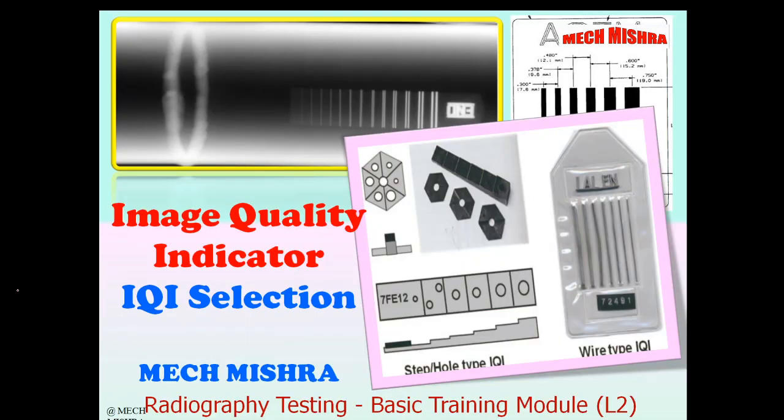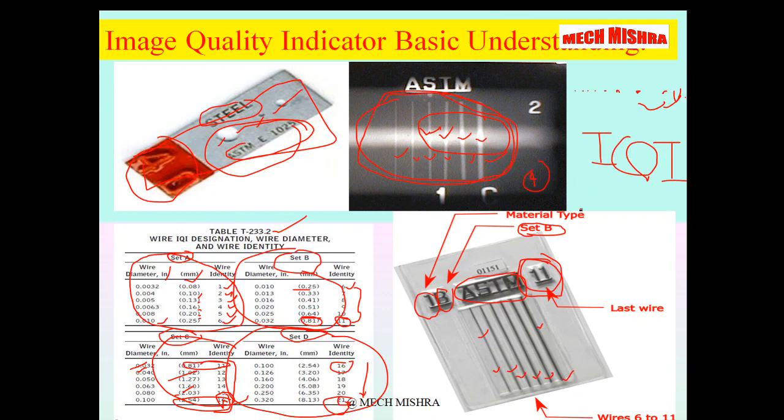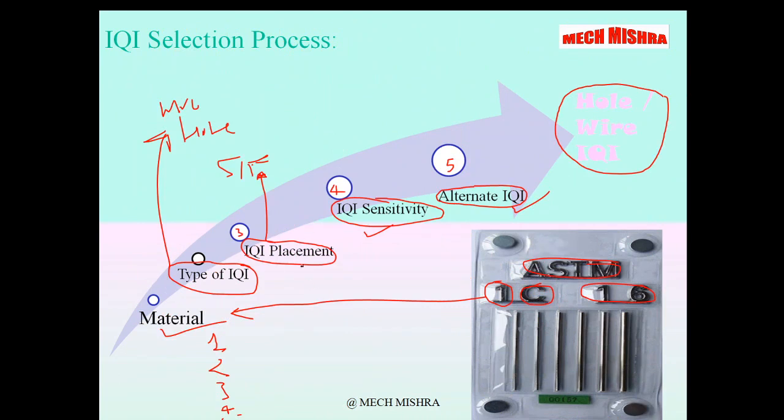First of all, different types of designations, means material type, then set A, set B. Then where to place the IQI, material, type of IQI placement, source side, film side, sensitivity 2%, then the alternate IQI options available. So all these criteria we need to understand and apply for the IQI selection.